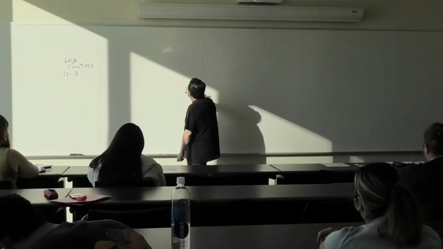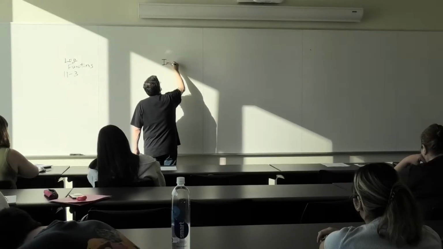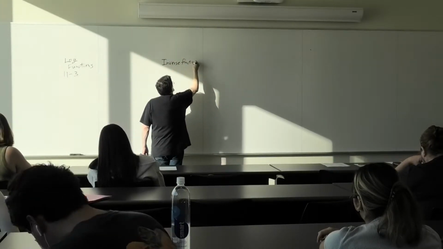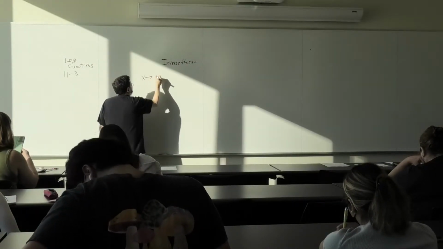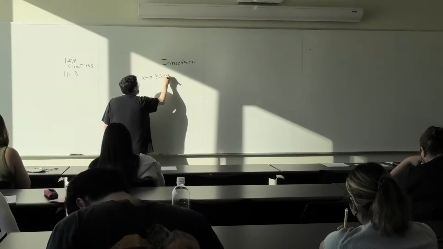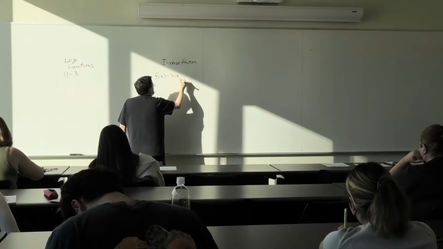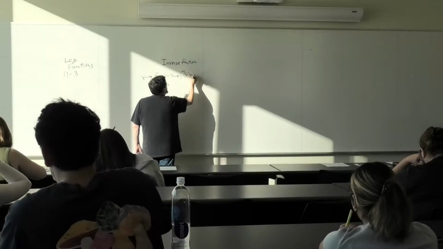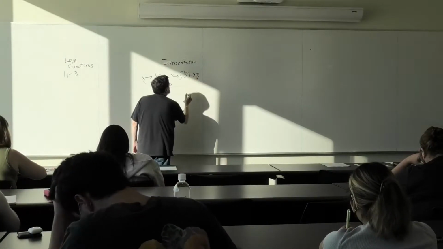So last time we looked at something called an inverse function. The idea is you have some x, you put it into some function f of x, and you get out a y, and then you take the y and put it into the inverse function, and you get out the same x you put in.